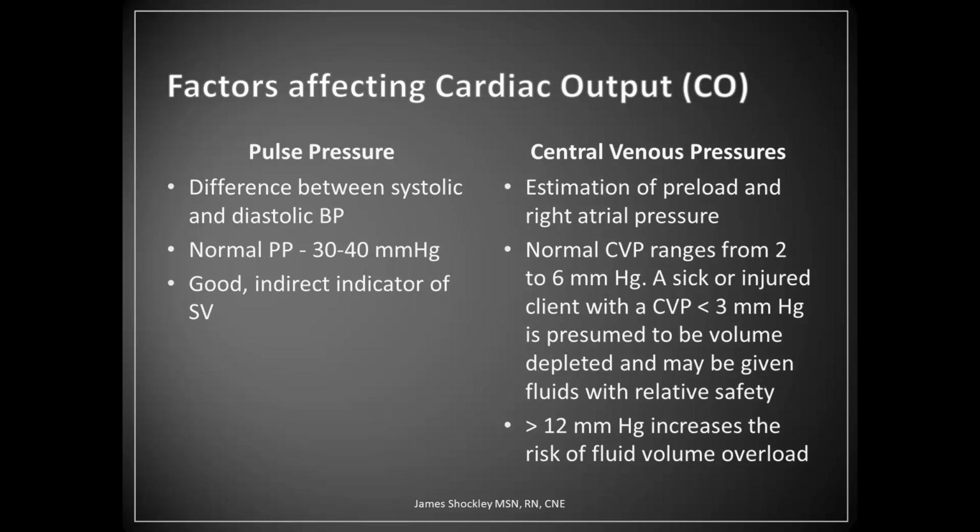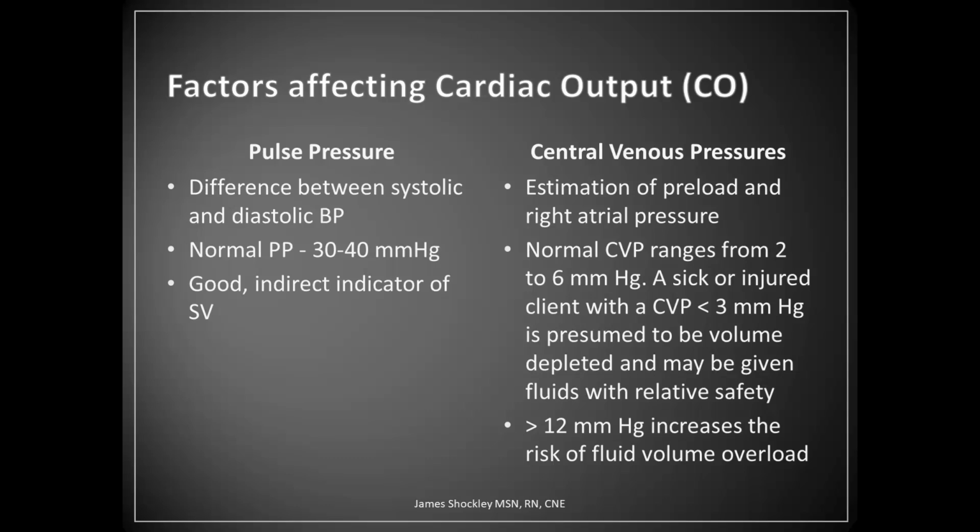I want to say it's 65-70%. So we've started using just more of the CVPs. We don't have to thread the catheter all the way through the heart, increasing your risk for dysrhythmias and all that other bad stuff. But we are still looking basically at the same information, and it's about how much volume.